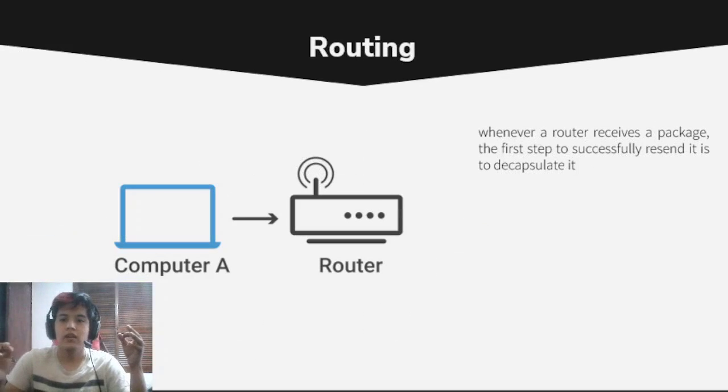Following this topic, whenever a router receives a package, the first step to successfully resend it is to decapsulate it, eliminating the information from the second layer, which includes the MAC direction of the previous device, so that it can access the network layer information, primarily the direction of the destination, so that it can look for the best route with the data on its routing table, whether it be statically or dynamically.